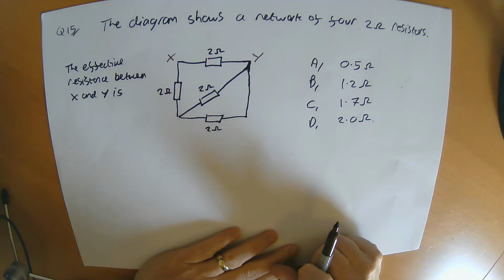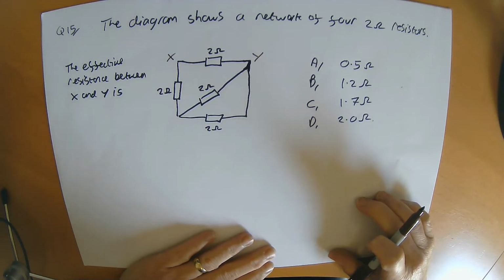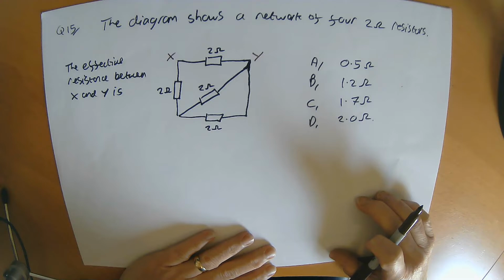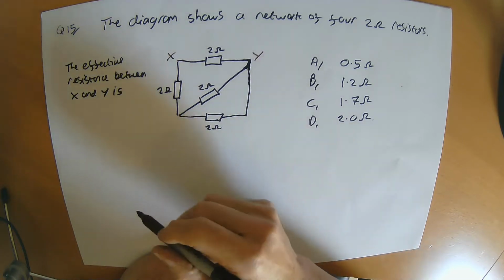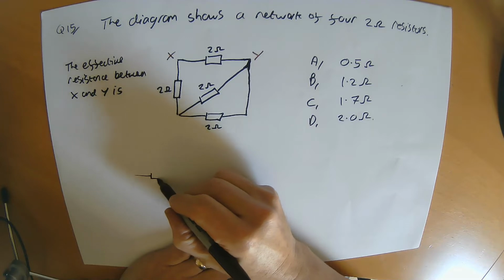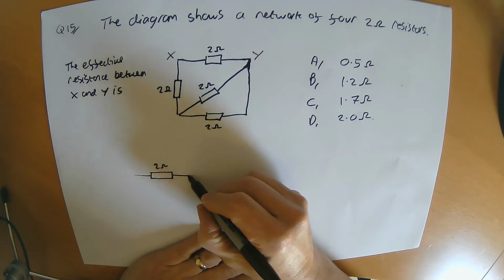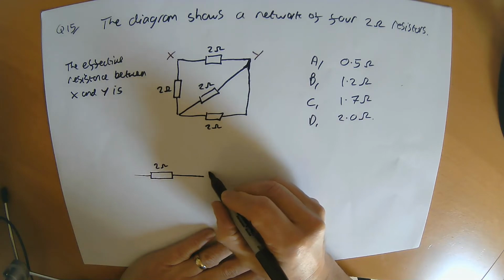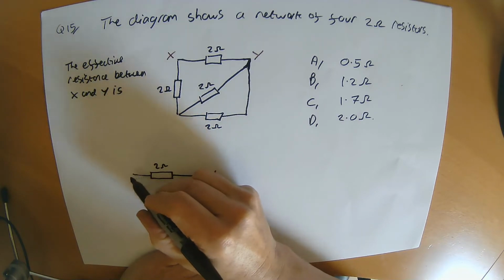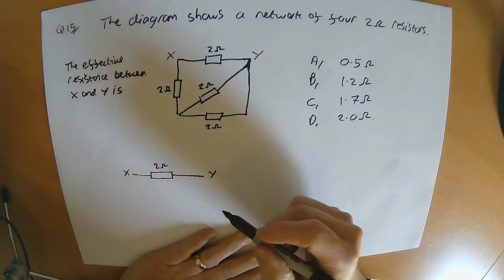And what we have to do here is sort out where the series and parallel sections are so that we can work out the combined resistance. So if we start with point X, we have a single 2 ohm resistor in between X and Y, and that is the beginning.